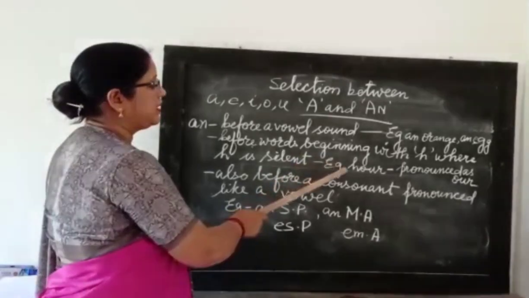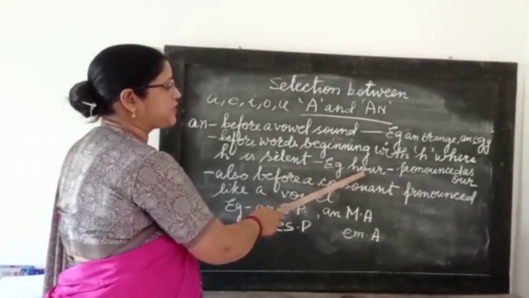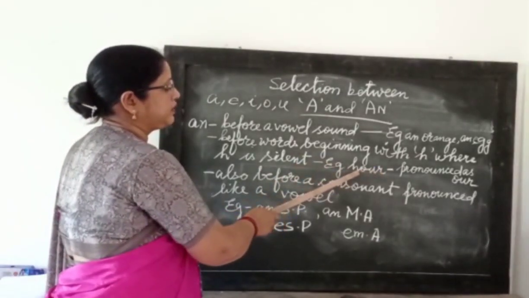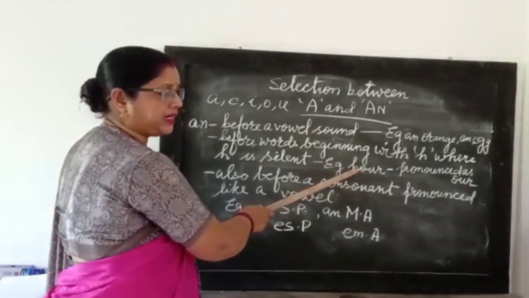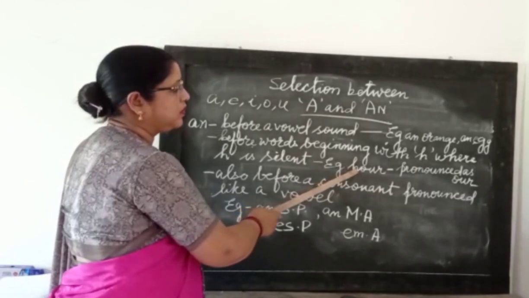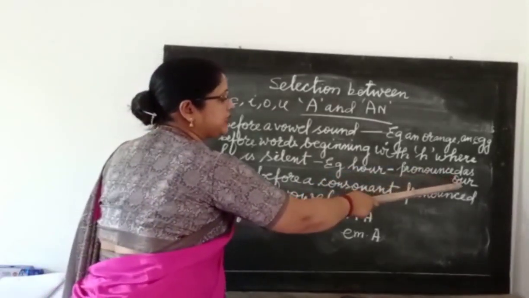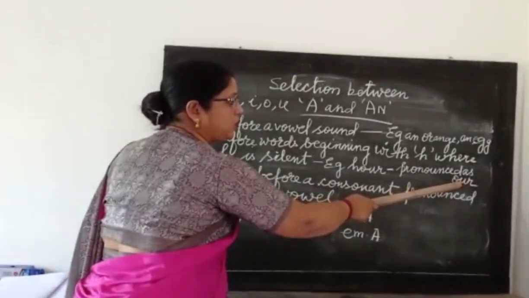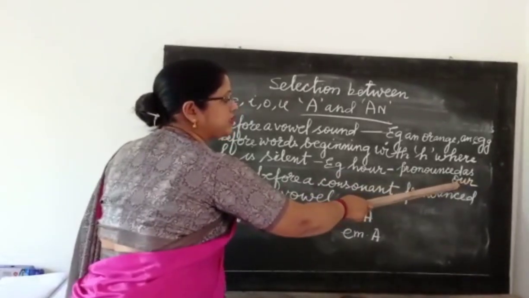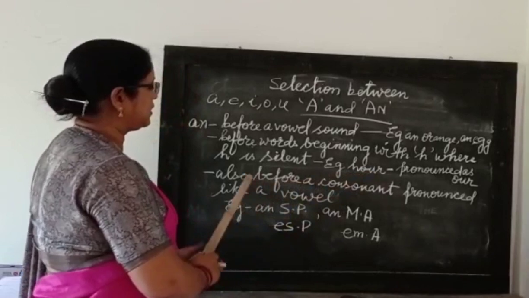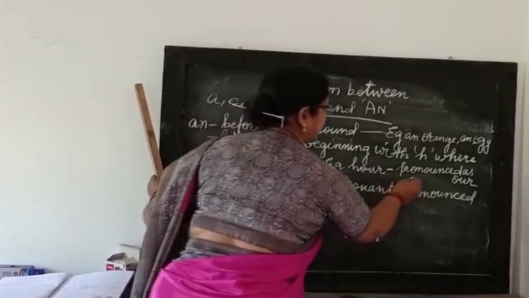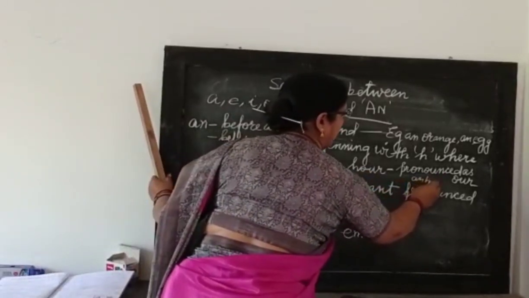For example, hour, H-O-U-R. It starts with a consonant, but this H remains silent, and so when we pronounce it, it comes as our. Because O is a vowel sound, we use the determiner an hour.